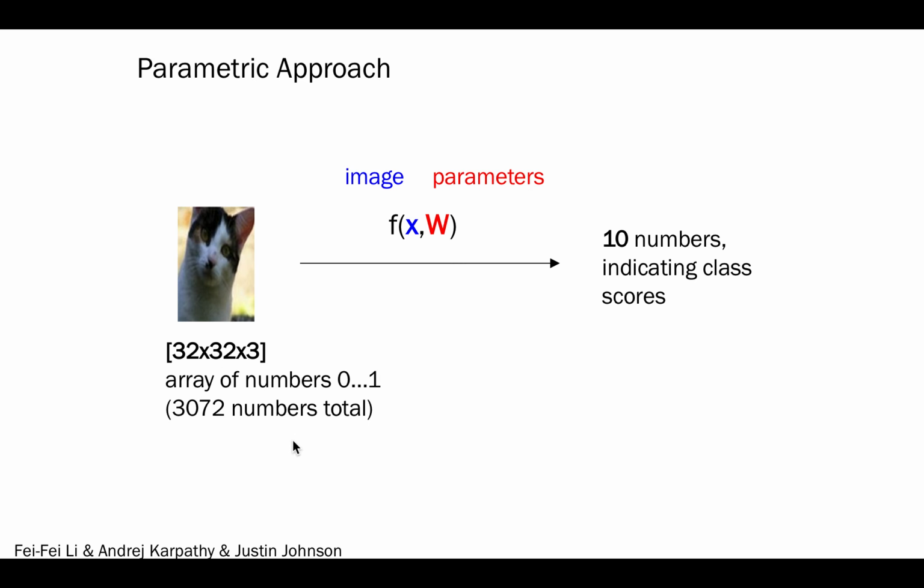Essentially each color value is a feature, and I'm trying to distinguish between classes by finding a separating hyperplane in this 3072 dimensional space.